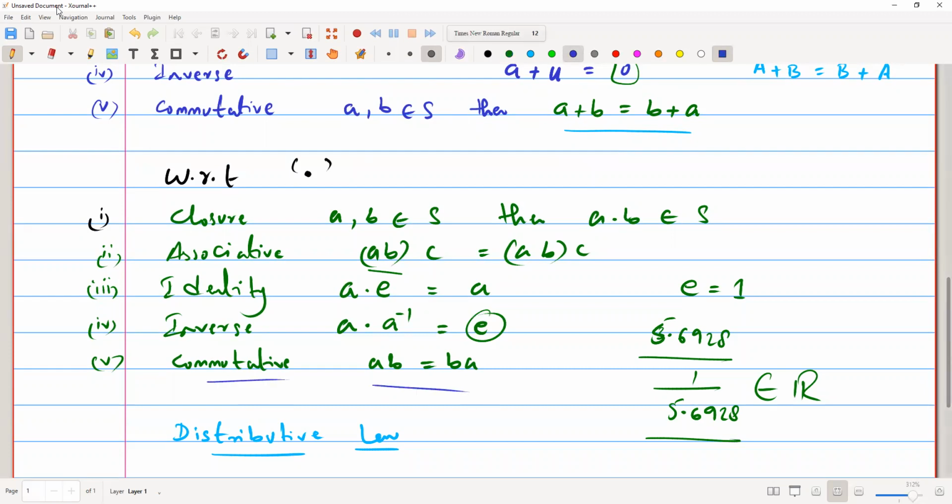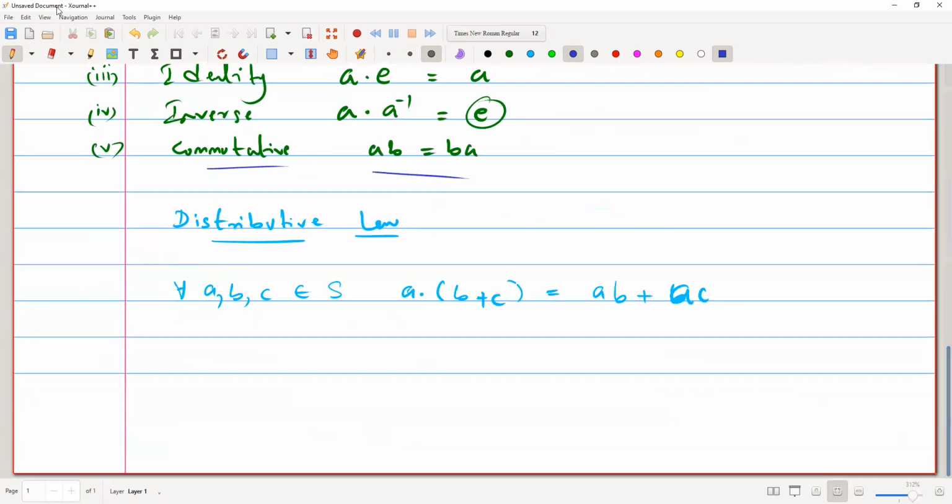Again, commutativity. For multiplication, the order doesn't matter for real numbers, as opposed to the example of matrices where it matters. Take any two real numbers, multiply them in any order, and you will get the same result. And again, the distributive law also holds for the real numbers.